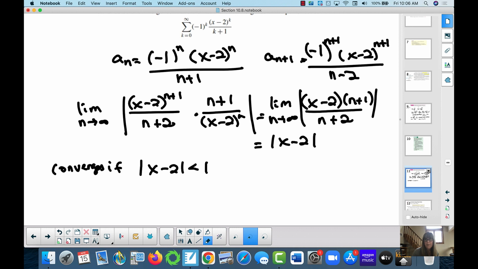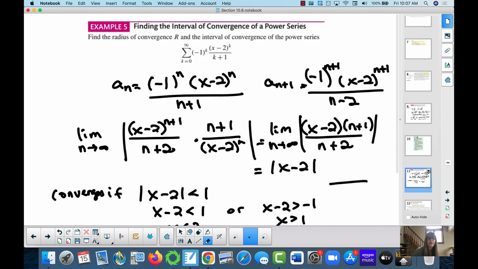Recalling how to solve absolute value inequalities, we change this to x minus 2 is less than 1 and x minus 2 is greater than -1. So this gives us x is less than 3 and x is greater than 1. Now this series is centered at 2.